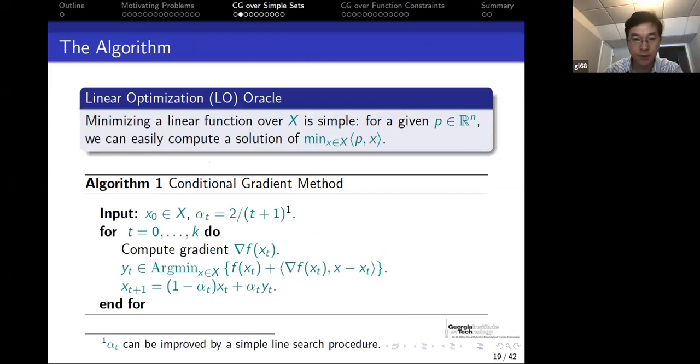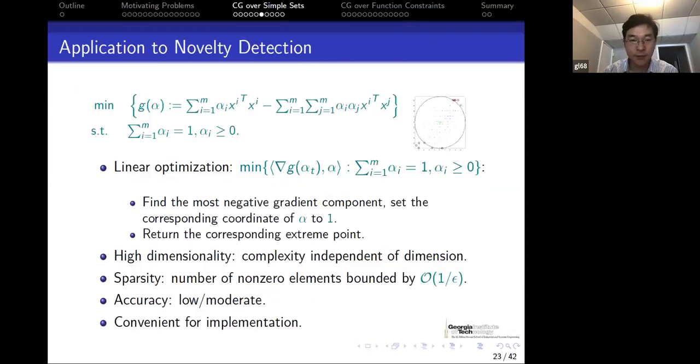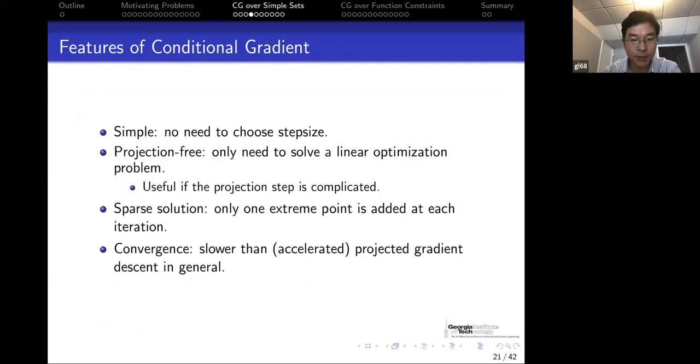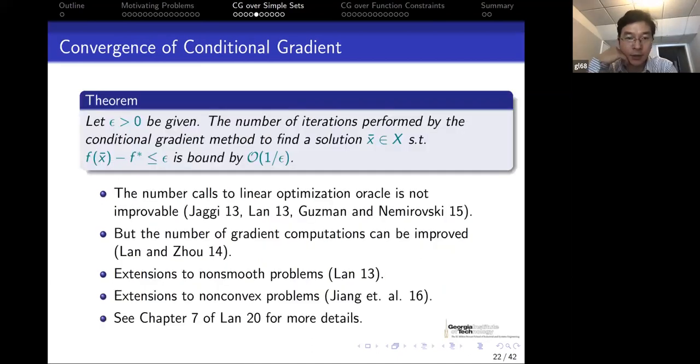So the algorithm is simple, does not require projection, and gives us a sparse solution. But the convergence is slower than other algorithms like projected gradient or accelerated projected gradient. So basically, if you want to get an approximate solution with accuracy epsilon, then the number of iterations we need is of order 1 over epsilon.